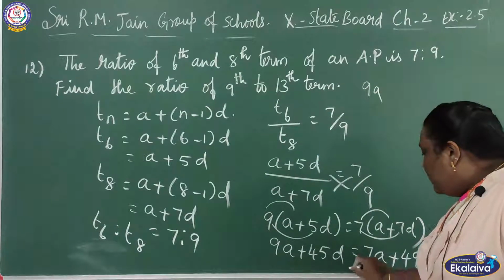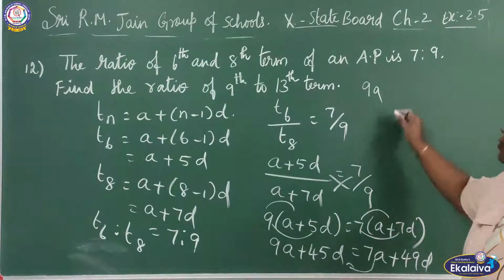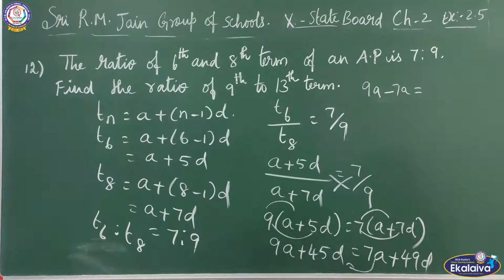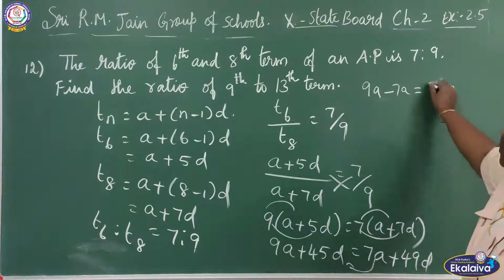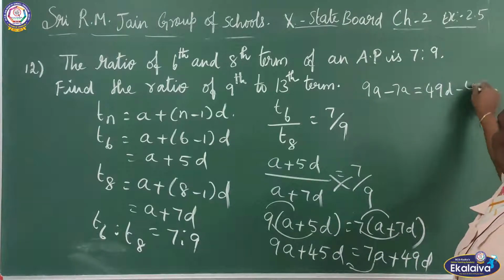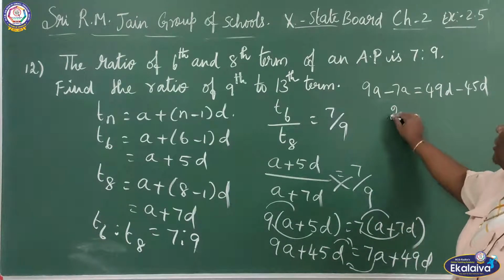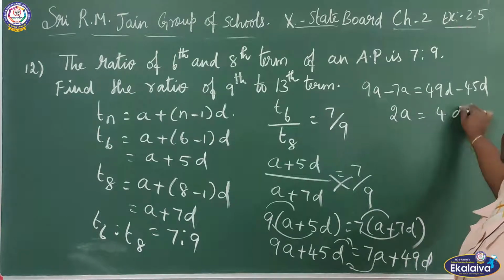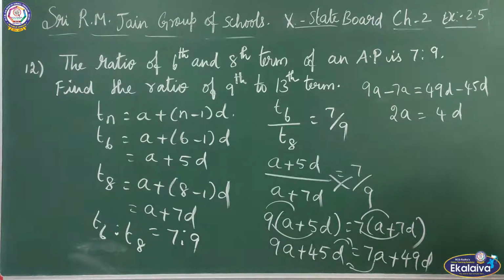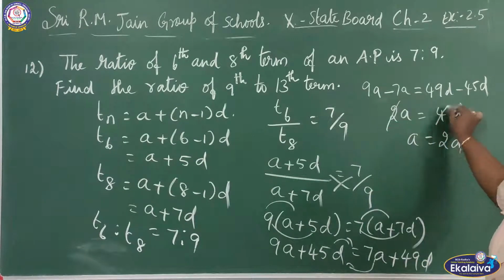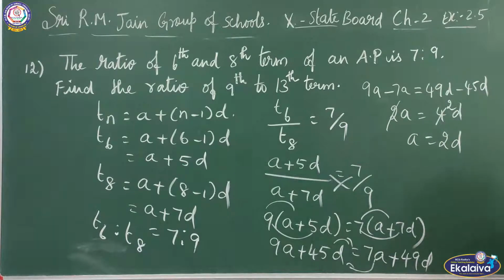You bring that 7A to this side, it gives 9A minus 7A equal to 49D minus 45D. 2A equal to 4D. A equal to 2D.